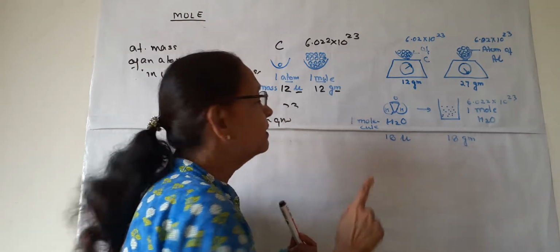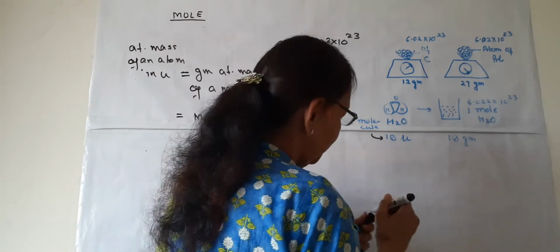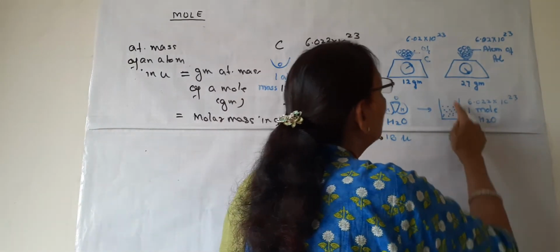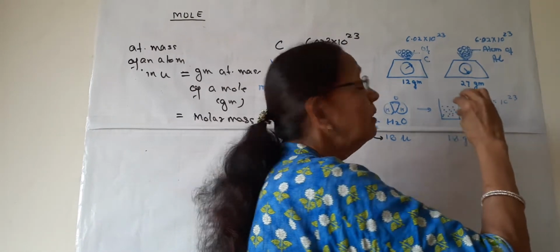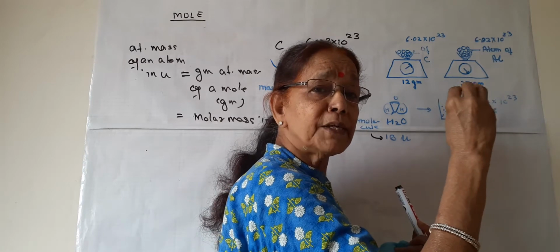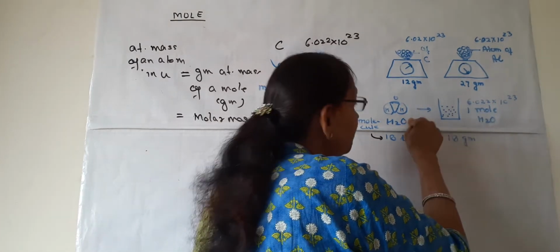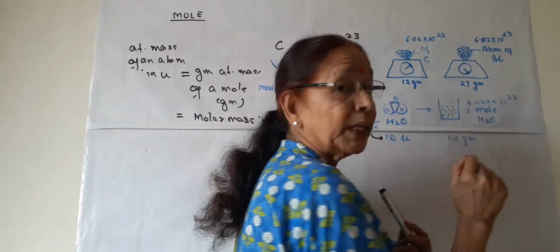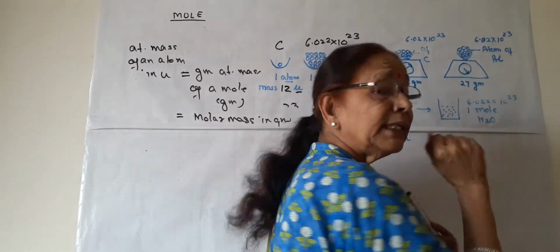Molecular mass of water is 18 U. Now if we put water in a beaker and this water is 1 mole, what does it mean? That is, in the beaker, instead of one molecule, so many molecules are present. This is a vast number, 10 to the power 23.